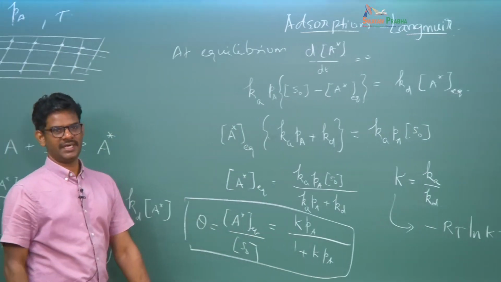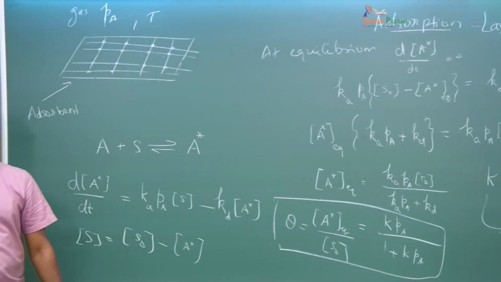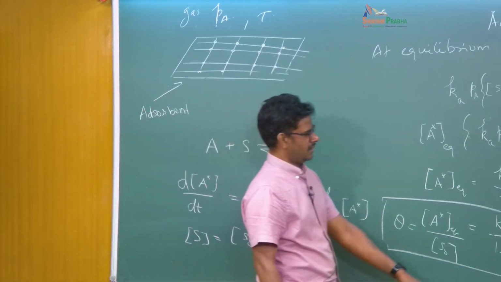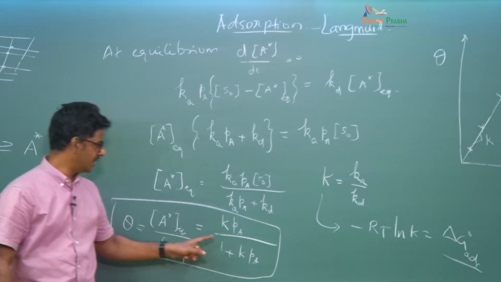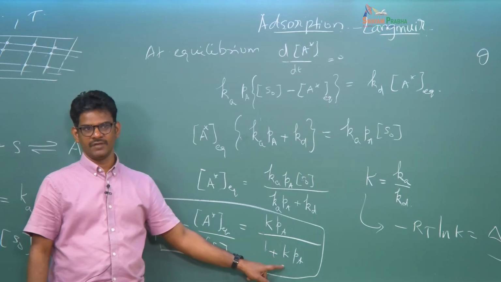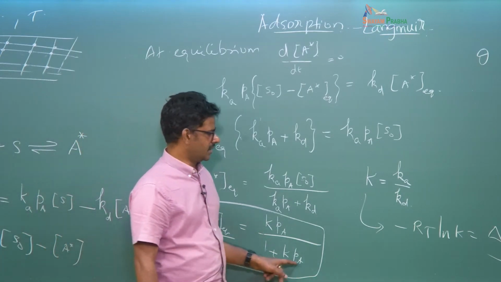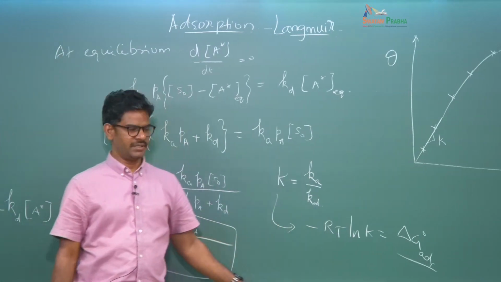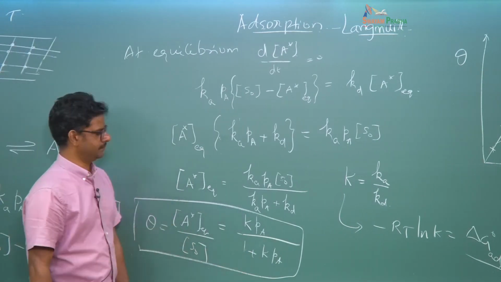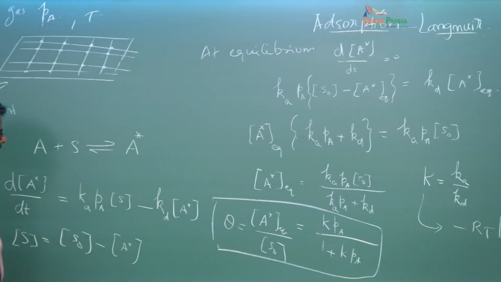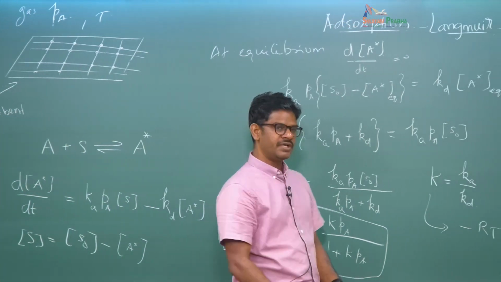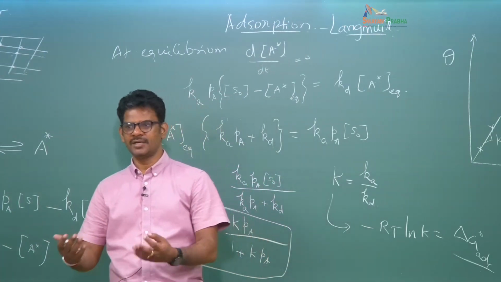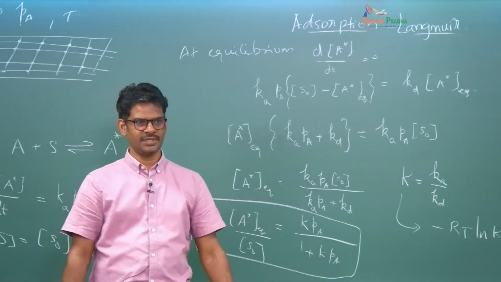If I know the delta G, that is the free energy change for adsorption, you can get K from here, and that K goes in here. For a given temperature T, K is uniquely found, and that is what goes in here. So this is how we have conventionally, deterministically, handled adsorption problems and adsorption models.